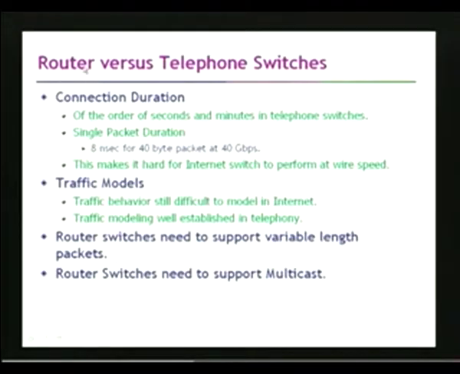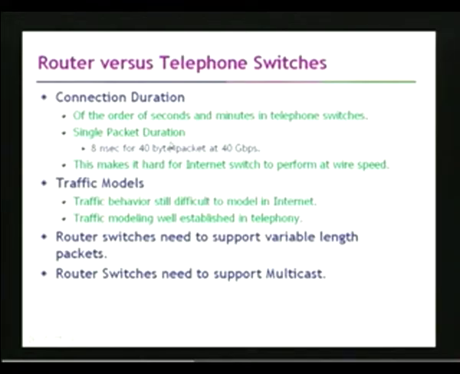So first of all, let's look at the difference from the switching point of view between a router and a telephone switch. Now, we are using the word router for a generic packet switch. This is not necessarily to assume that the router is doing the job of routing a packet. So, one major difference is the connection duration. The connection duration in a telephone switch will be of the order of seconds, if not minutes.